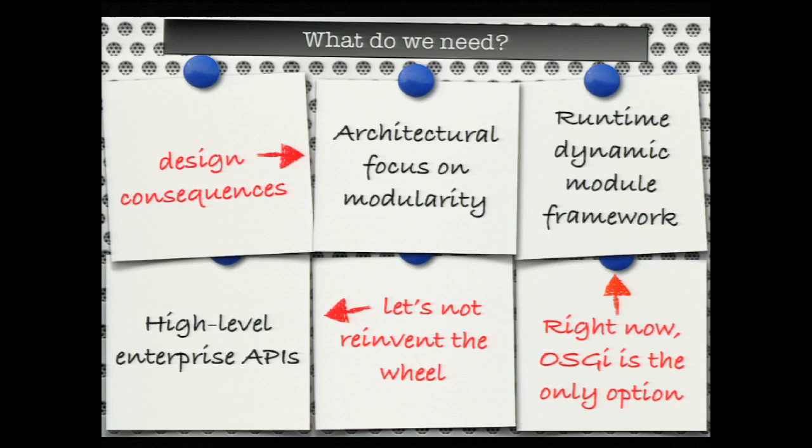Then the next thing you need is runtime modularity, so you need jar files, and you need a runtime module framework, or runtime dynamic module framework. And right now, OSGi is the only viable option for that, right? There's a number of approaches to doing a dynamic services framework, and once upon a time, Jigsaw was one of the options, but Jigsaw is actually only about cutting the Java runtime into smaller pieces, and it's not about providing you the runtime dynamic services framework that you need.